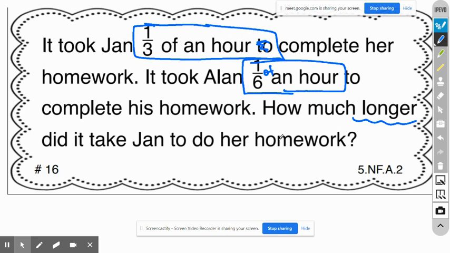Jimmy, very good. Of and how much longer? So here, it gives you that clue. It's a subtraction, and these two are the same. And how would you write this? Is it 1/3 minus 1/6 or 1/6 minus 1/3?